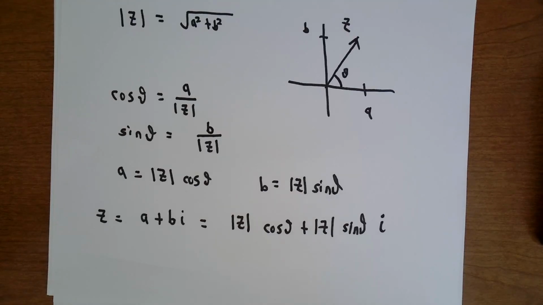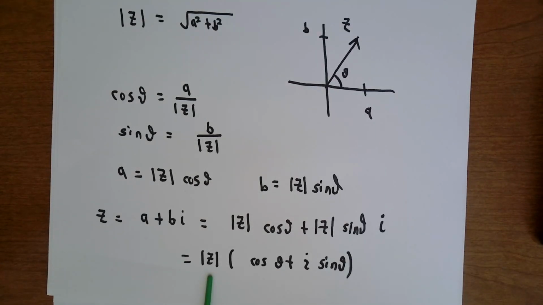If I think of it that way, then z, a plus bi, could also be written as the modulus of z cosine theta plus the modulus of z sine theta times i. Just as with vector calculus, I can rewrite this yet another way.